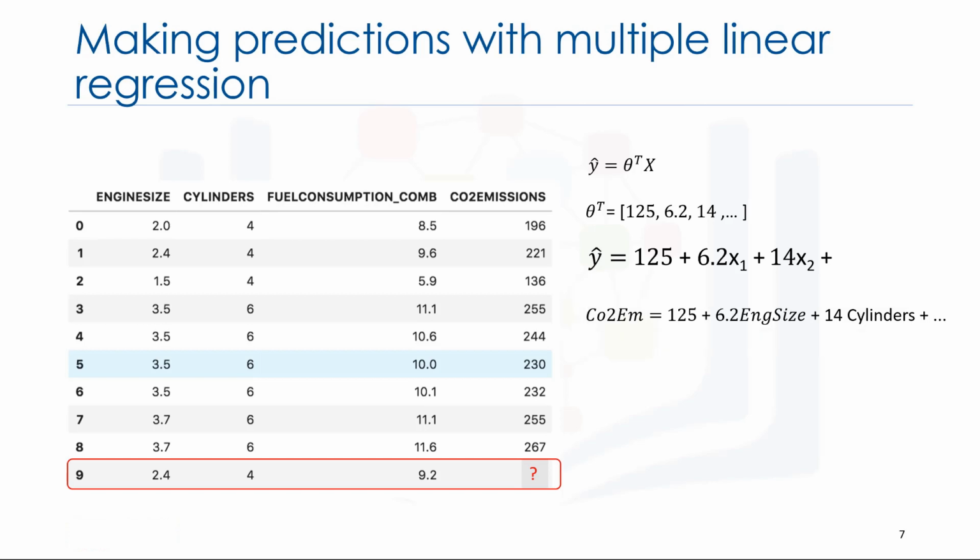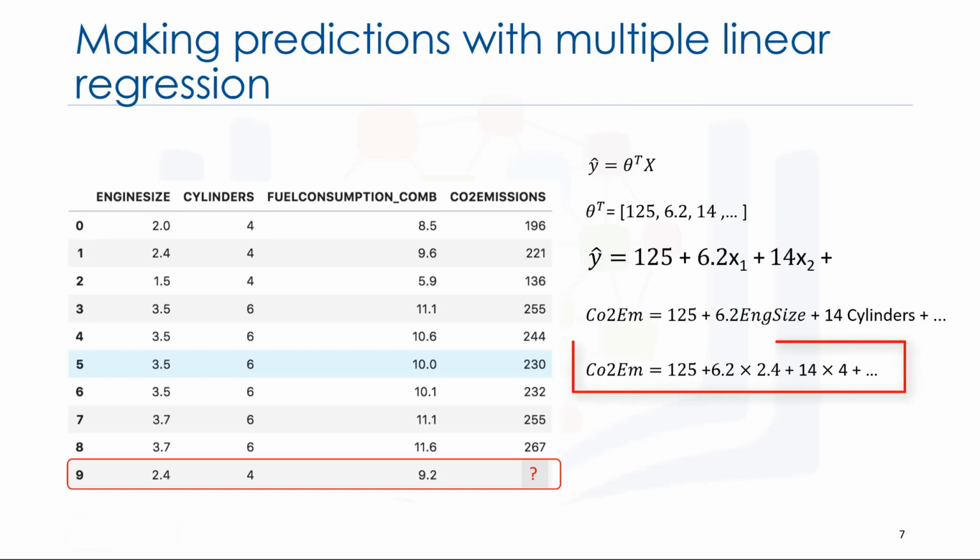As you can see, multiple linear regression estimates the relative importance of predictors. For example, it shows cylinder has higher impact on CO2 emission amounts in comparison with engine size. Now, let's plug in the 9th row of our dataset and calculate the CO2 emission for a car with the engine size of 2.4.